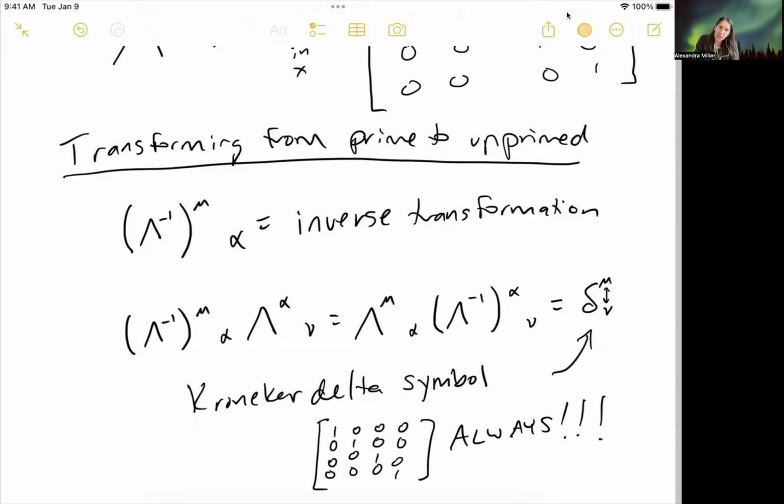It's not something that changes, and there's no rightness or leftness of our indices. So it's just the Kronecker delta symbol, and it's identity, so it's doing nothing. So when I say I'm going to apply an inverse transformation, this is what it should look like.